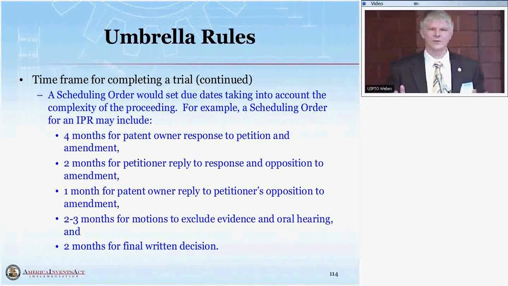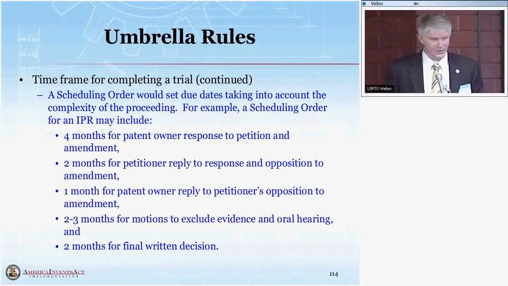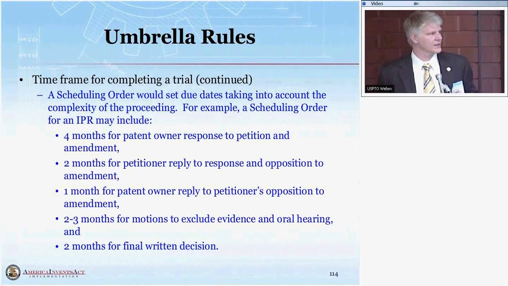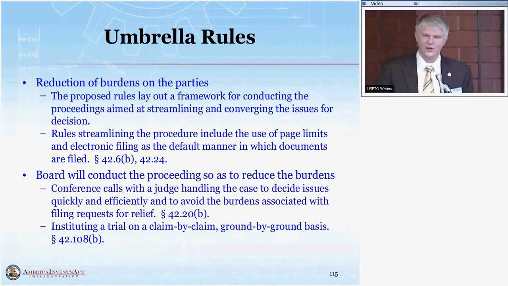After which, we're going to have time for our evidentiary disputes to be finalized. As we know with discovery, quite often you hear that the expert's testimony is hearsay, it may lack foundation, et cetera. Well, let's get a defined set of what the true objections are and why. Also, we need to have a hearing from which we go to a final written decision. So that's a generic schedule. I'm going to point out next how we are reducing burdens on the parties.